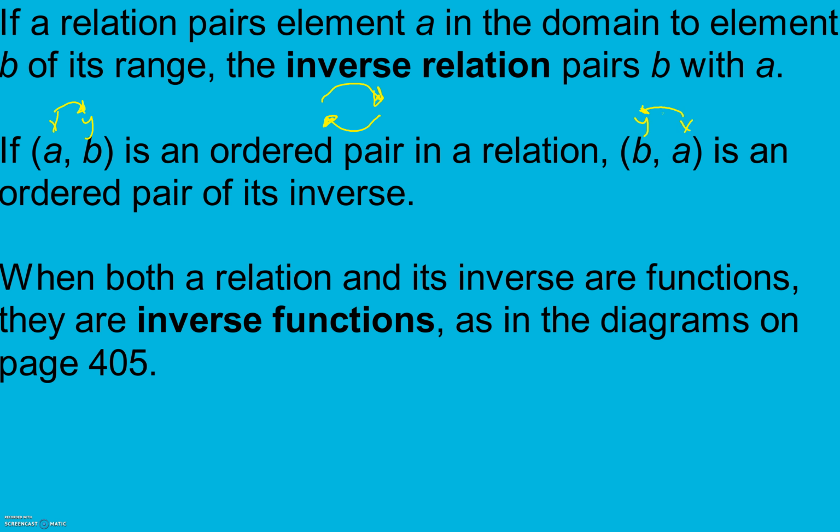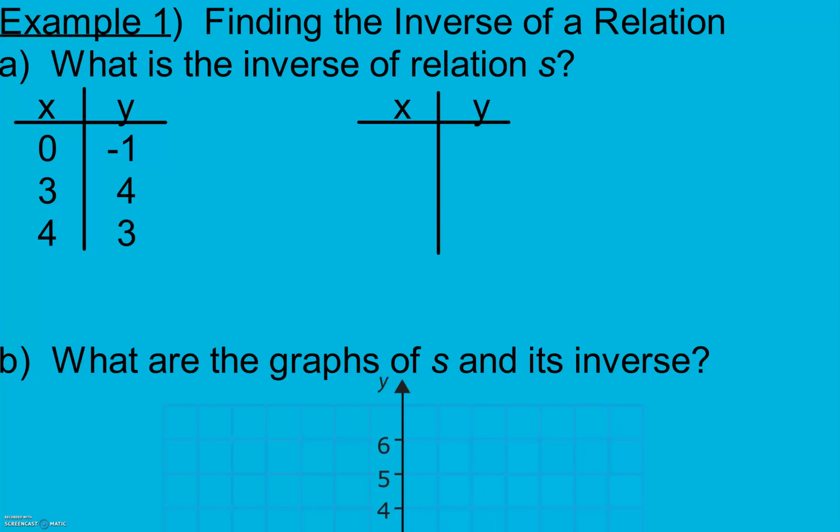When both the relation and its inverse are functions, they are inverse functions, and there's a diagram on page 405 that shows that. In example 1, we're finding the inverse of a relation. For the inverse of relation S, these are like our a values and these are like our b values, and for it to be an inverse, they swap places. So every ordered pair flip-flops.